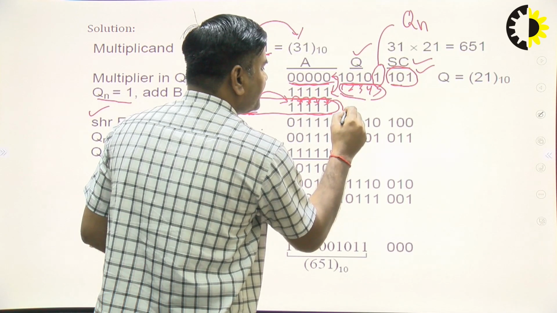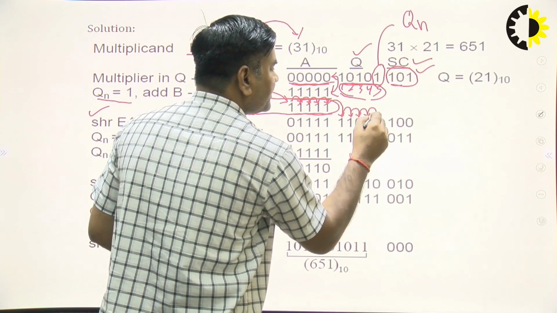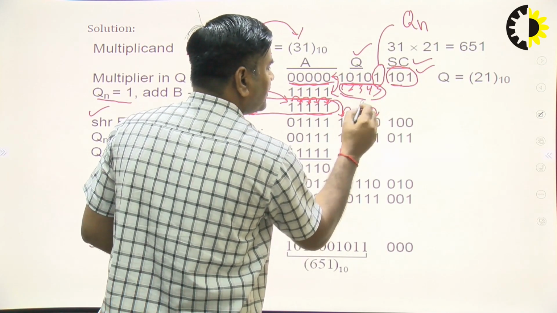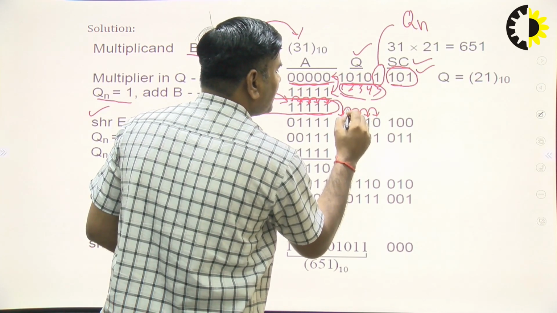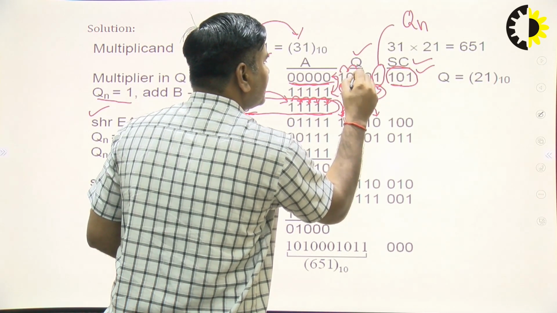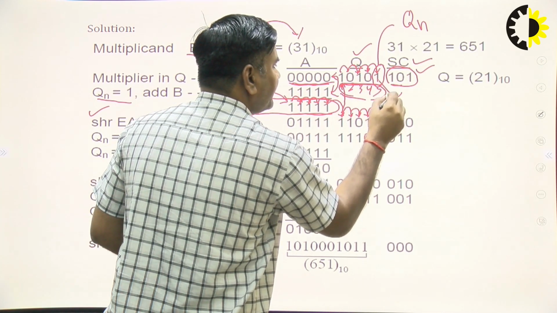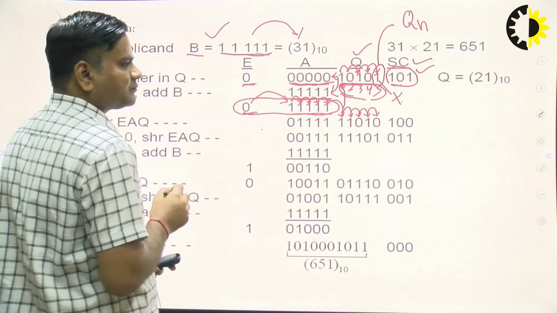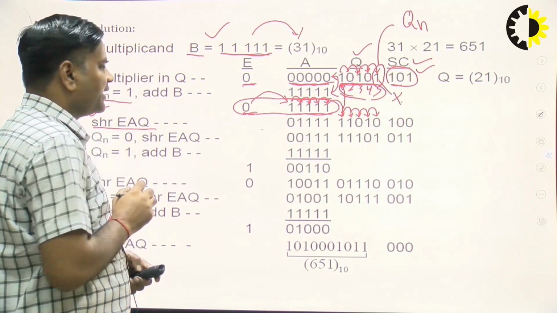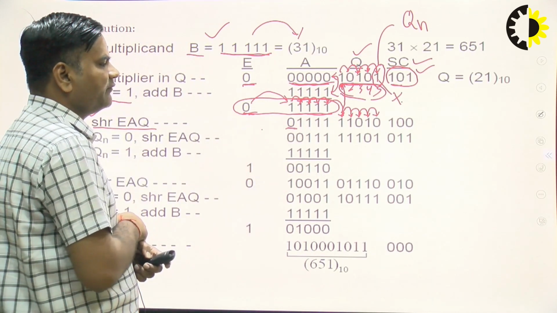We have to consider Q also, then we have to shift this also, and this value should be discarded. After applying the logical shift right EAQ, this value goes here, then here we can place 0.